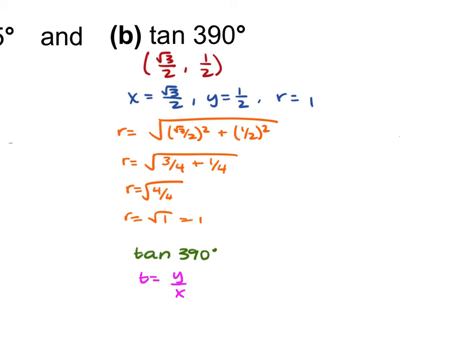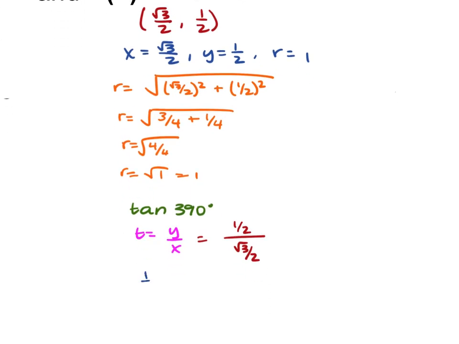Did we need to even bother with finding r? No, we could have just realized from the beginning we're finding tangent. We only need x and y. We're going to plug our values in. So that gives us y, which is 1/2, over x, which is the square root of 3 over 2. When we divide fractions, we keep, change, flip. So 1/2 divided by the square root of 3 over 2 is the same thing as saying 1/2 times 2 over the square root of 3.